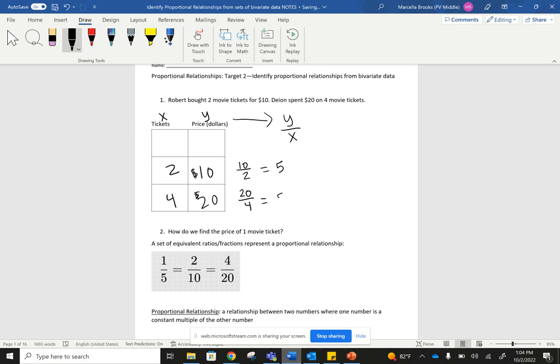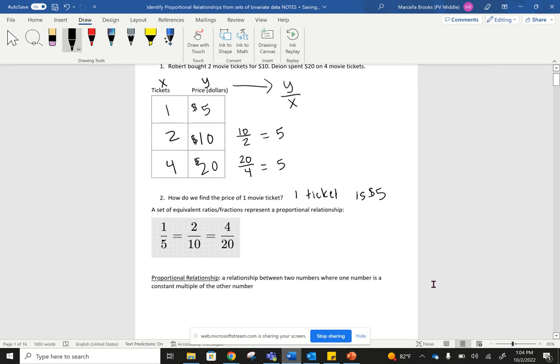That also gives us 5. So 10 divided by 2 is 5, and 20 divided by 4 is 5. So the price of 1 movie ticket is $5. 1 ticket, $5.